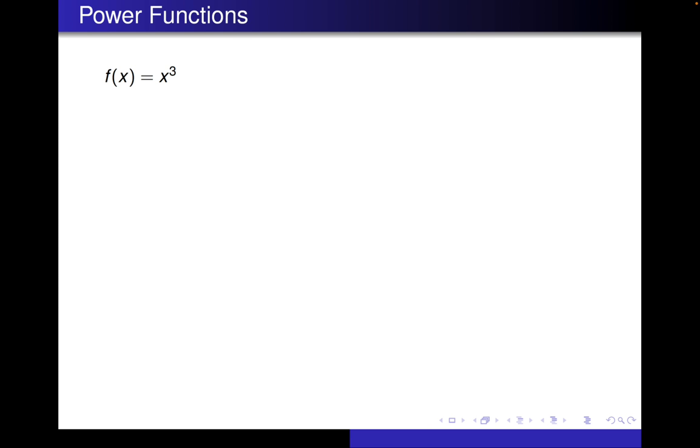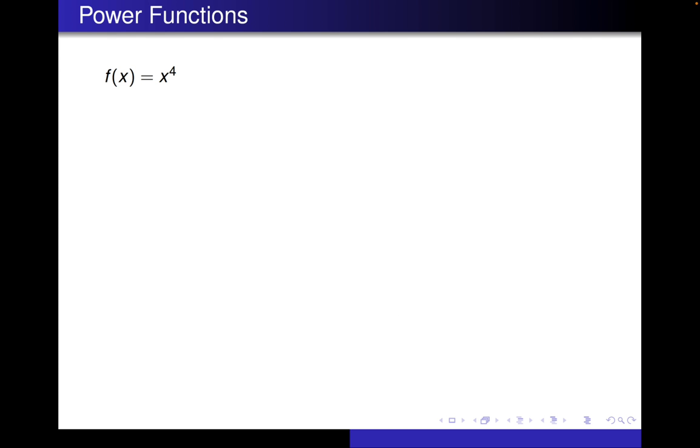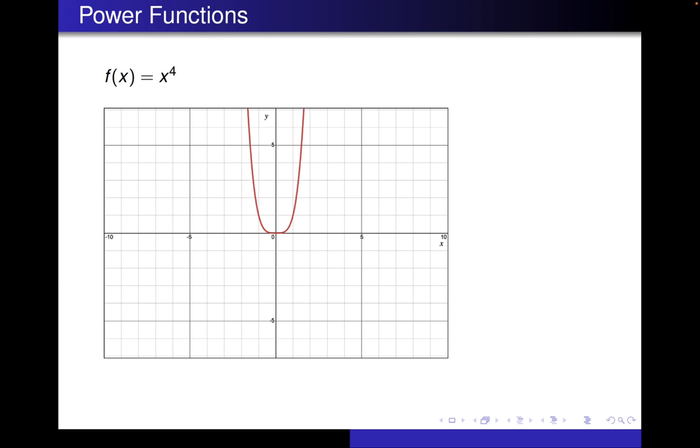If we look at x cubed, that one starts from the left, goes uphill, cuts through the x-axis, and keeps on going. x to the 4th looks not exactly the same as x squared. It's technically not a parabola, but it looks very parabola-like. And it sort of sits on the x-axis at x equals 0, just like x squared did.